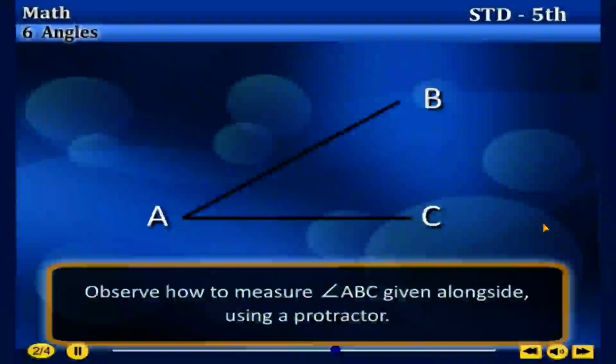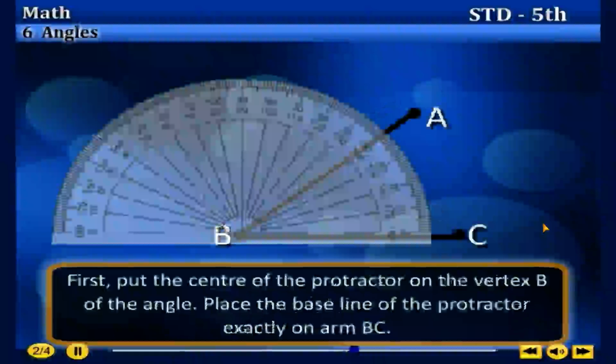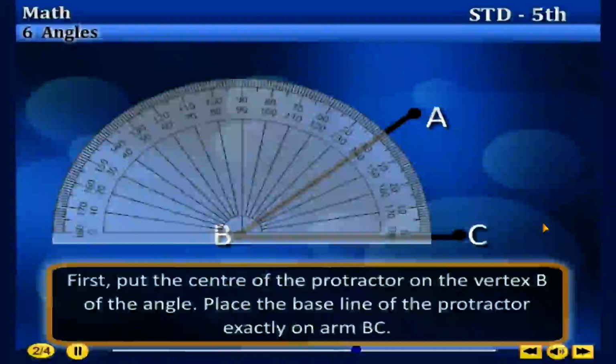Measuring angles. Observe how to measure angle ABC given alongside using a protractor. First, put the center of the protractor on the vertex B of the angle.